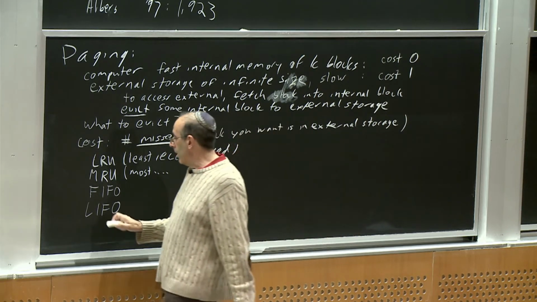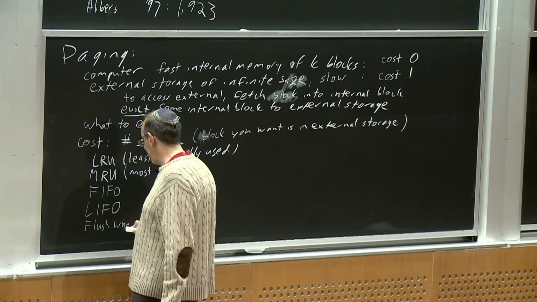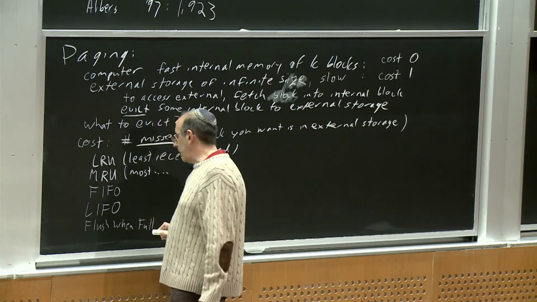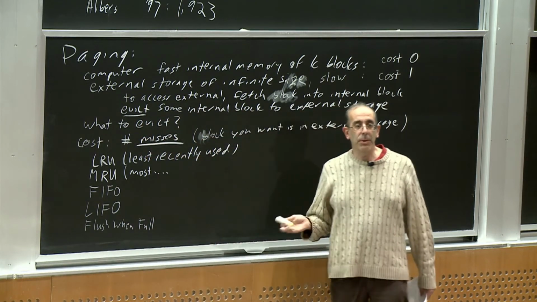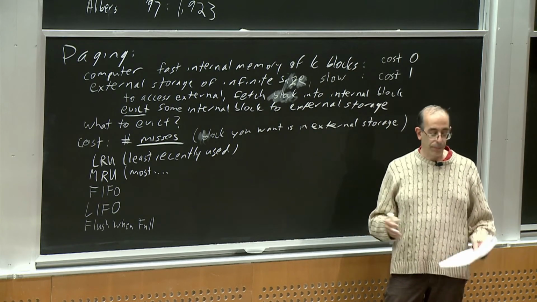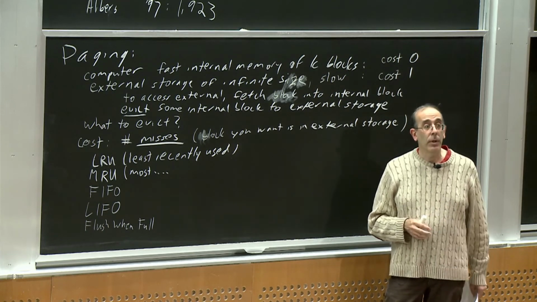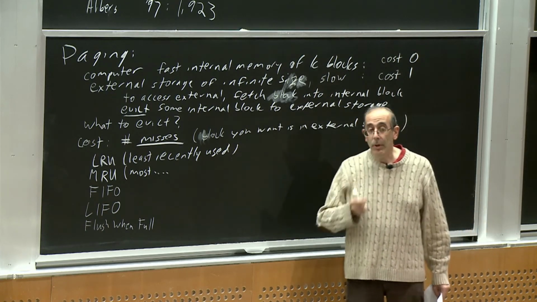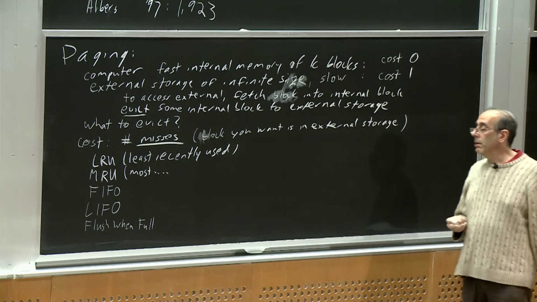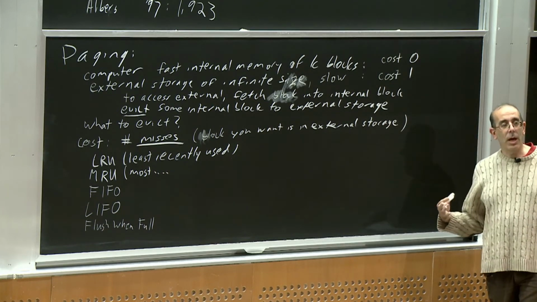There's an even more simplistic one called flush when full, which says whenever you fill up memory, you just dump it all out, and now you're empty and you can fetch k new things. So there is quite a wide range of options.